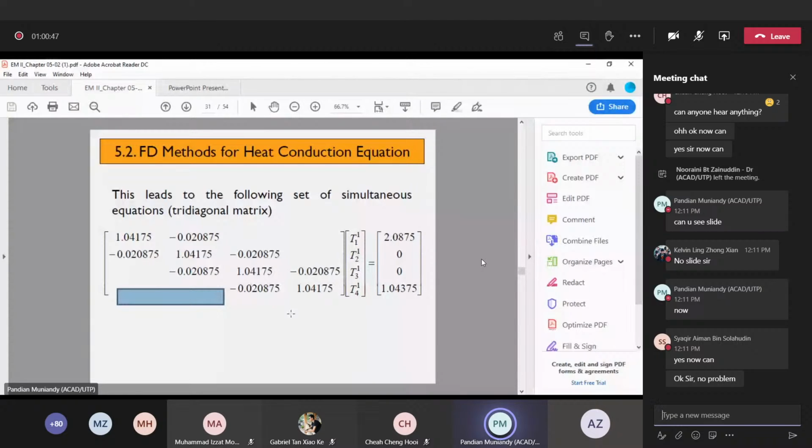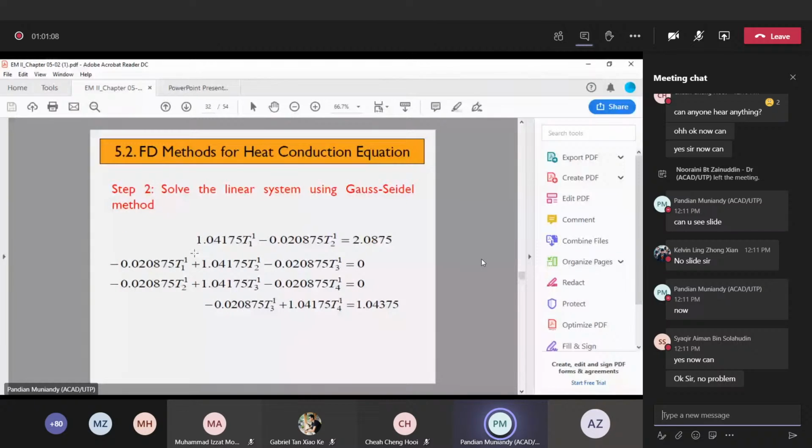For the Gauss-Seidel method, you learn from this example, not from a theoretical point of view. From the example, you learn how the iteration works, so you repeat that the next time you solve a problem. So now we're going to explain how the Gauss-Seidel method is used to solve this problem.